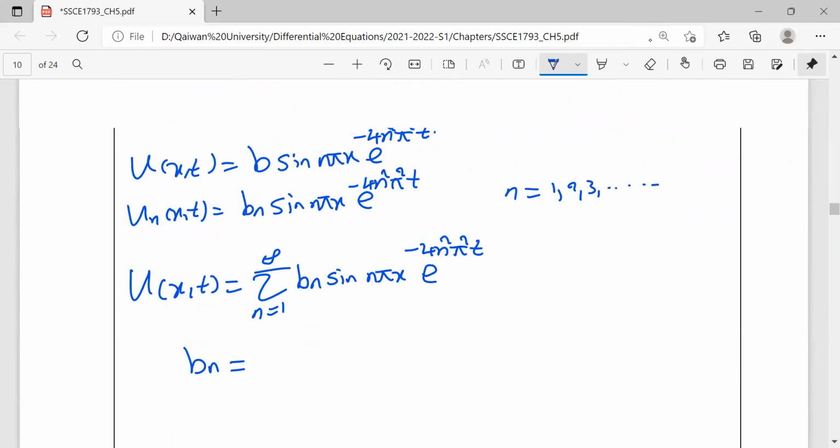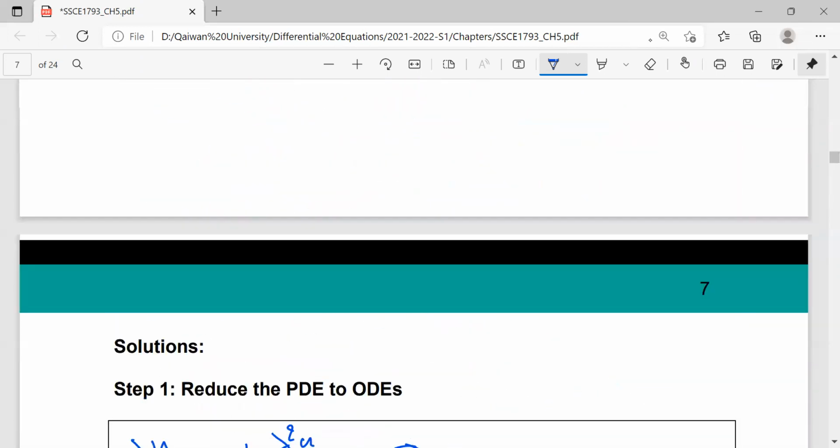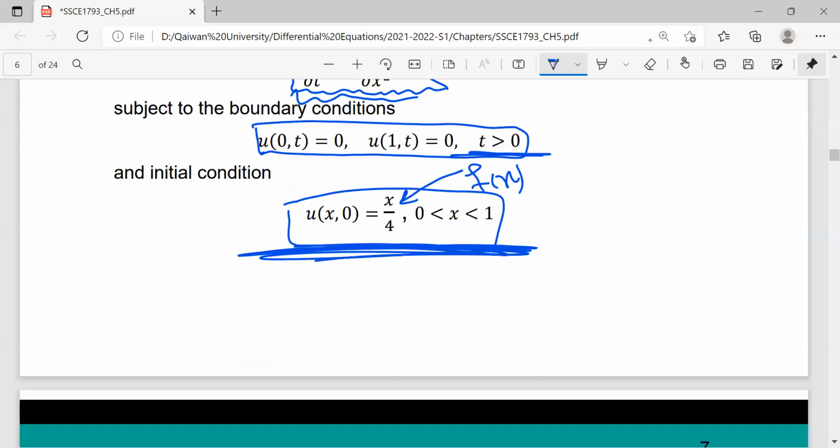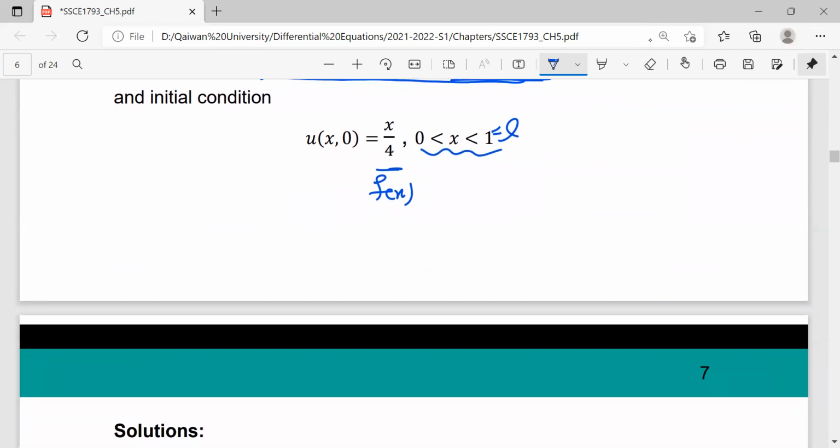What's L? In the initial condition that is given, this is f of x, and this is L. L is 1. It's a half range sine series. So b_n is 2 over L, the integration from 0 to L of f of x times sine n pi x over L dx.